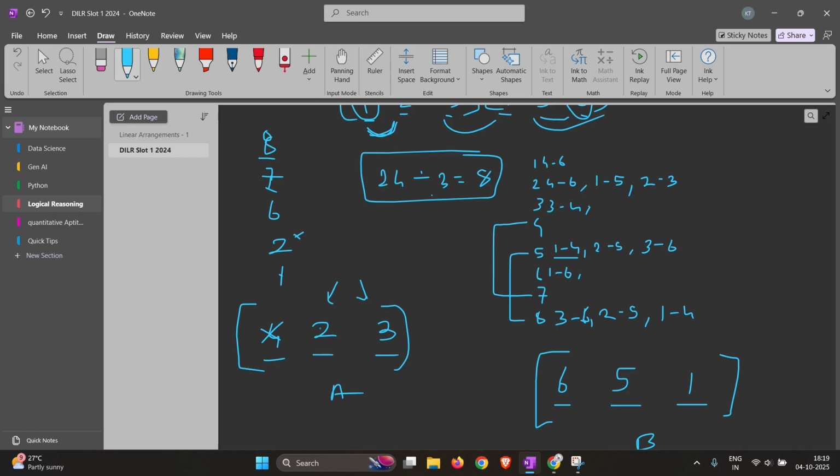But now, how do we know if it's 2 or if it's 3? For that, we have to see if there is any other match of 1 and 2 elsewhere in the group, right? So 4 has played 6 twice already, 1 has played 5 over here, and 2 has already played 3 over here. So let us see what matches are remaining.